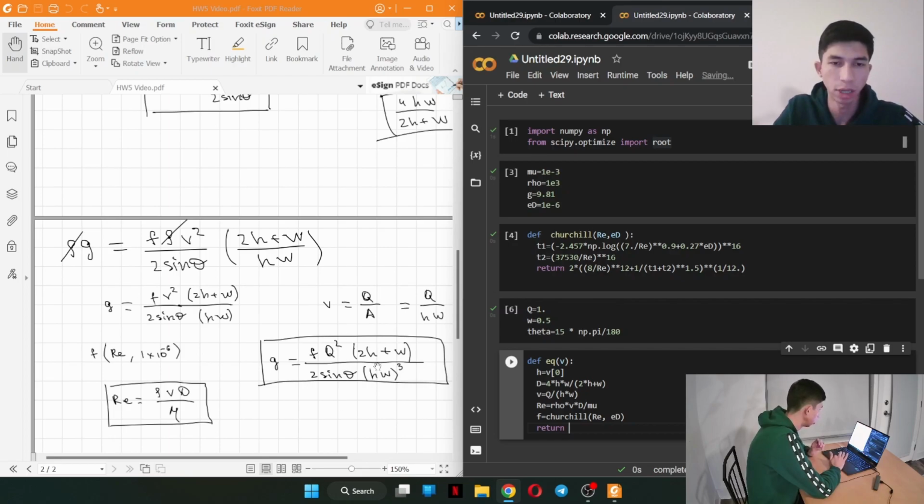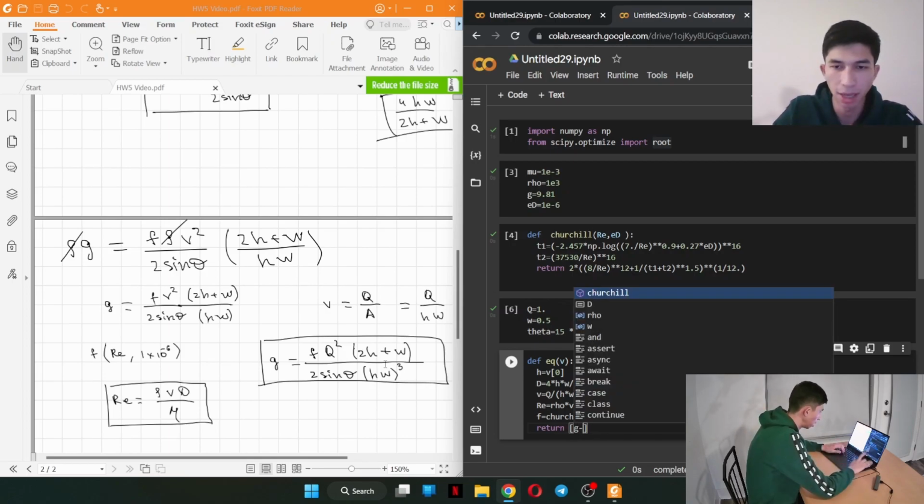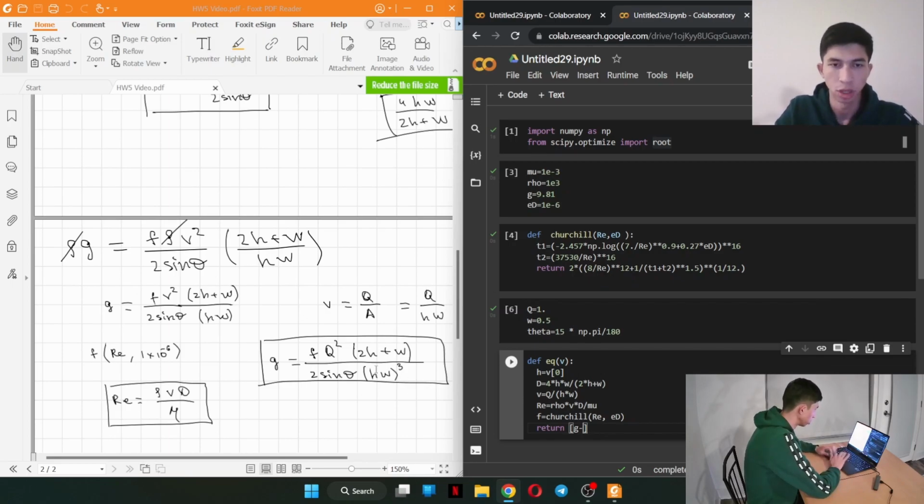So we're going to shift this to the other side and make everything on one side equal to 0, so it's going to be g minus this side.